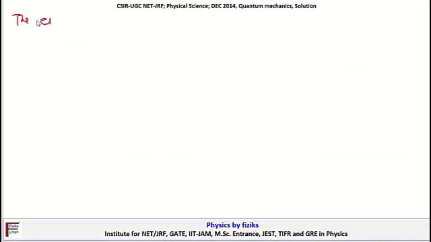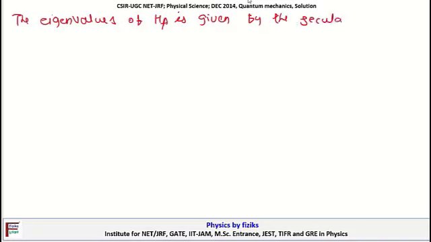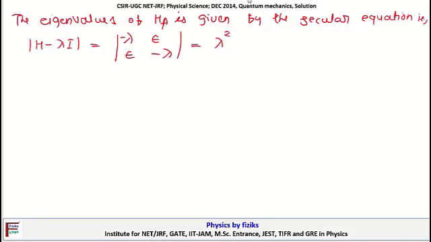The eigenvalues of HP are given by the secular equation, that is, determinant of H minus lambda I: minus lambda, epsilon, epsilon, minus lambda, equals lambda square minus epsilon square equals 0, which implies lambda is equal to plus minus epsilon.